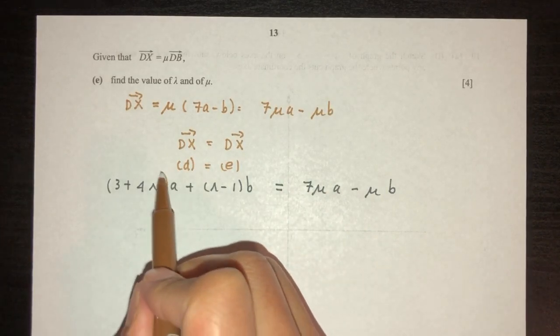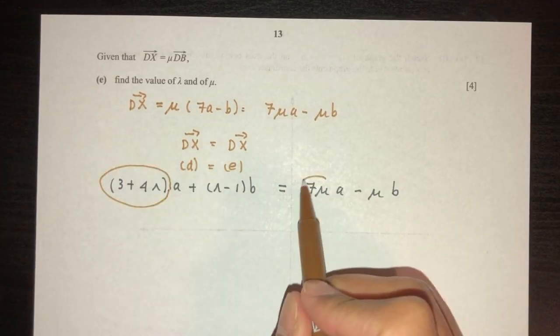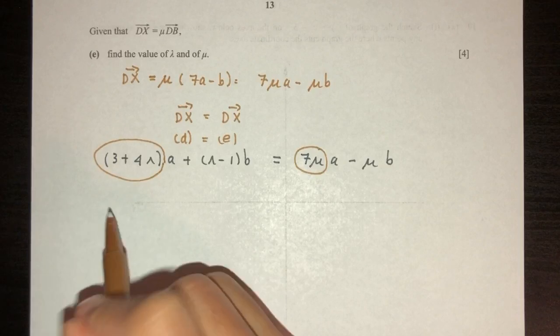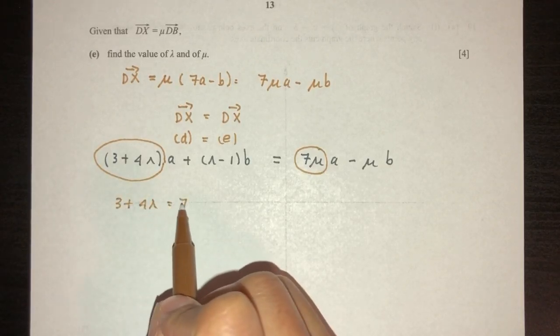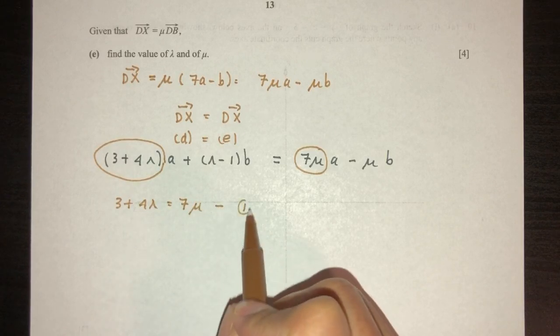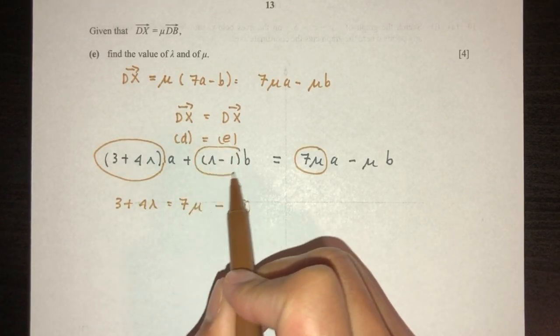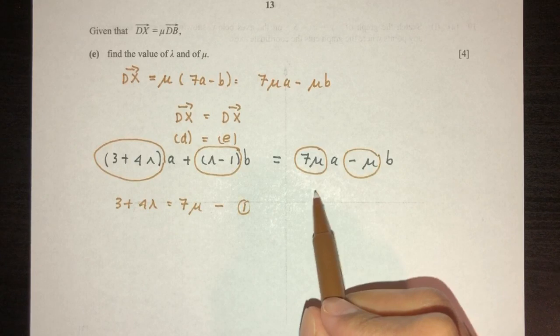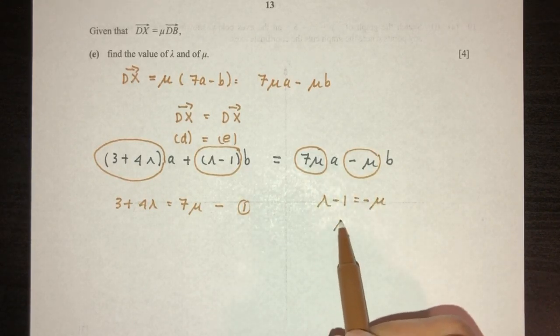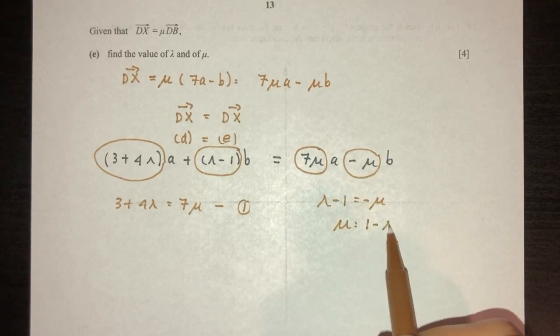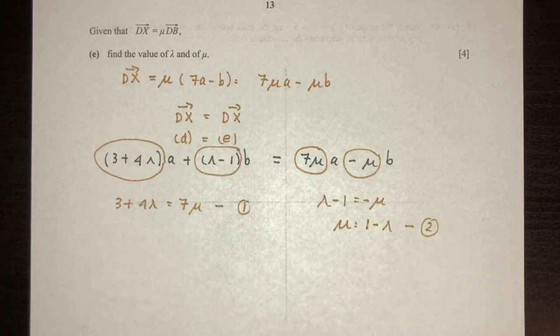In front of A, the first equation is 3 plus 4 lambda is equal to 7 mu. And in front of B, we have lambda minus 1 is equal to minus mu. That is our second equation.